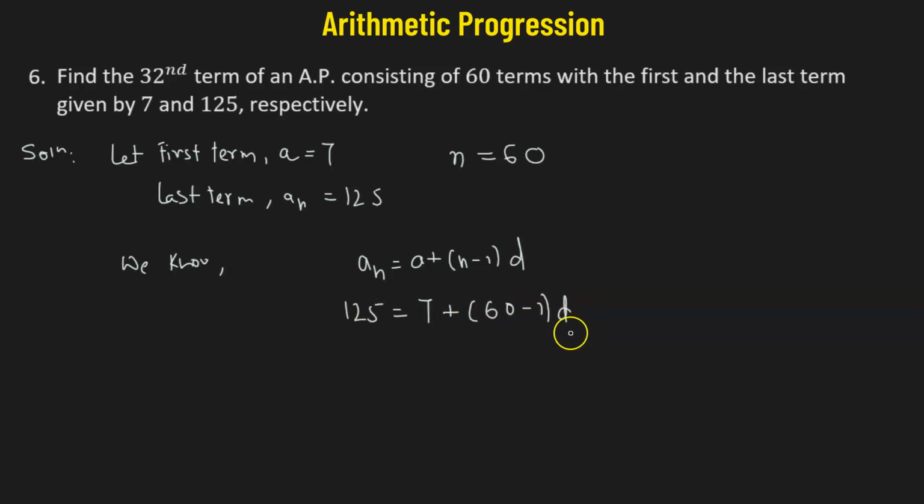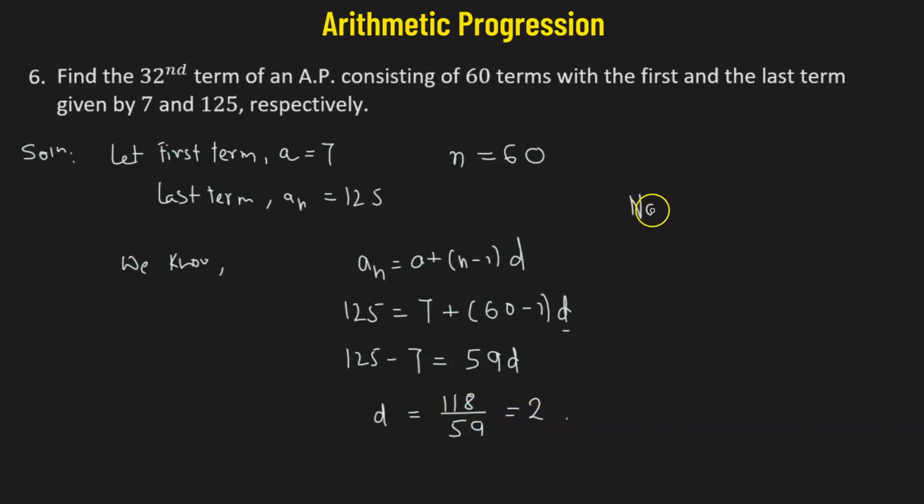So from this equation, we can obtain the value of our common difference d. So 125 minus 7 will be equal to 60 minus 1, that's 59, times d. So this will be equal to 118 divided by 59. And 118 divided by 59 is 2. So that means our common difference value is 2.